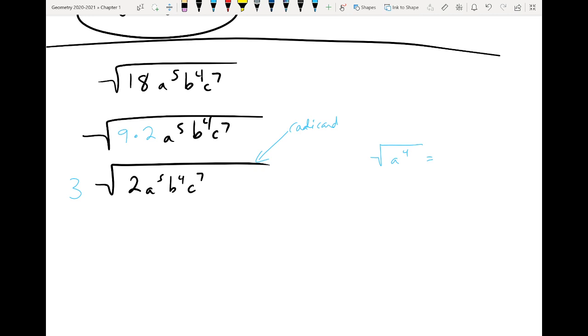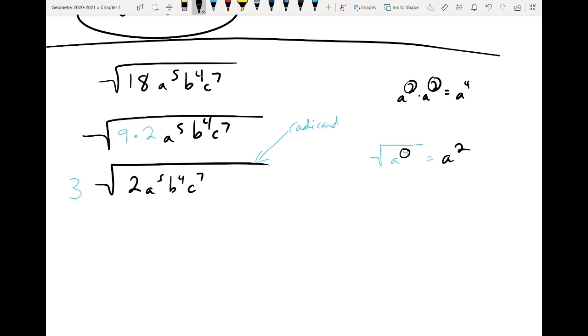If we were to take, for example, a squared times a squared, we keep the same base of a, but all we have to do is add these exponents to get a to the 4th. Now, going in the other direction, when we take the square root, we're really just dividing this exponent by 2. So this is just going to be a squared.